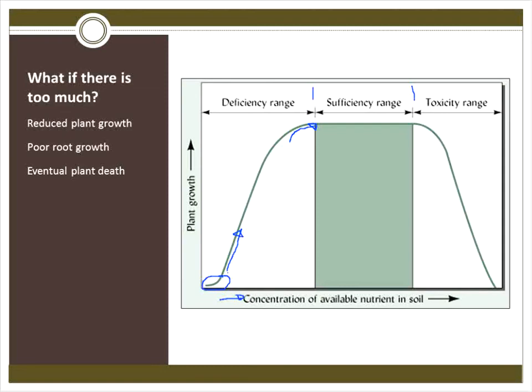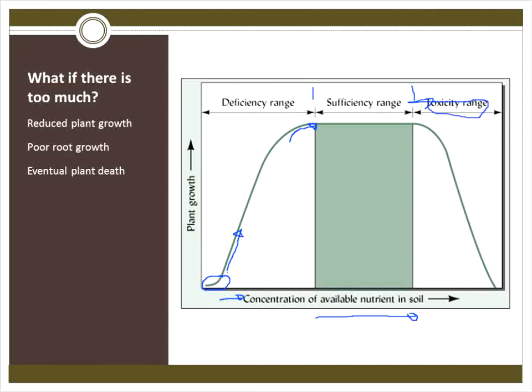Now, if we continue adding fertilizer from here to here, we're going to have so much of that particular nutrient in the soil that we could end up getting into a toxicity range.